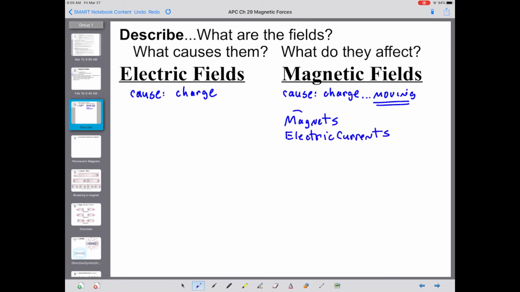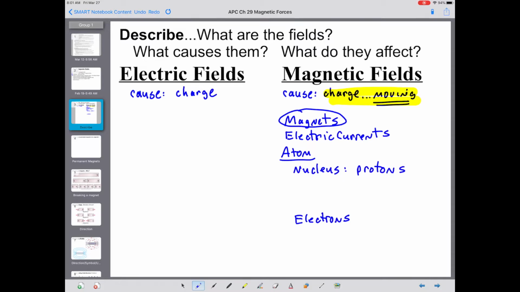If we ponder regular permanent magnets, and really what causes a permanent magnet to be magnetic, you have to go all the way down to the level of the individual atoms. In an atom, if magnetic fields are caused by moving charges, then you need to think in terms of what motions there are of charges.